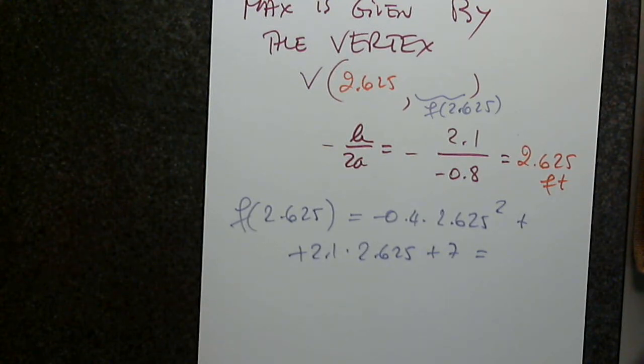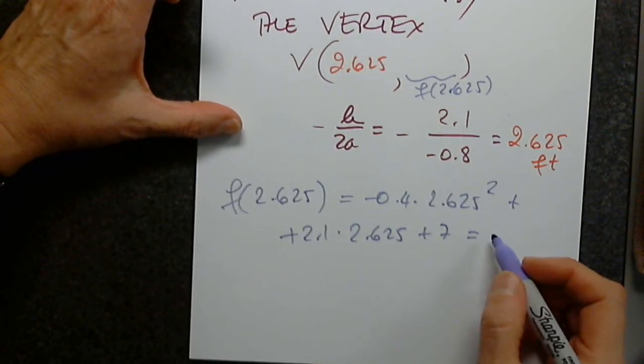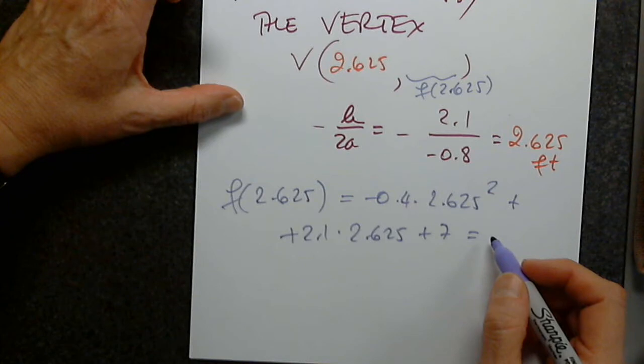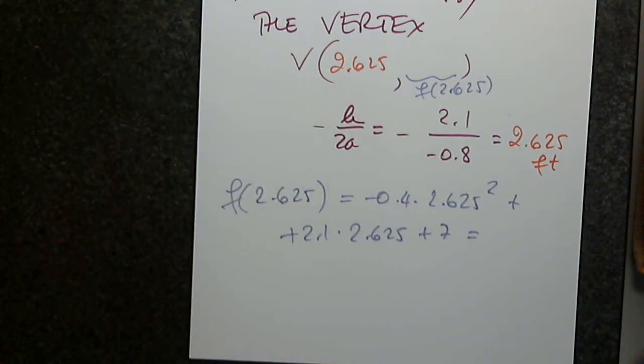How much did we get? 11.5. 9.7. Okay. Good. So in y equals, I clear everything.